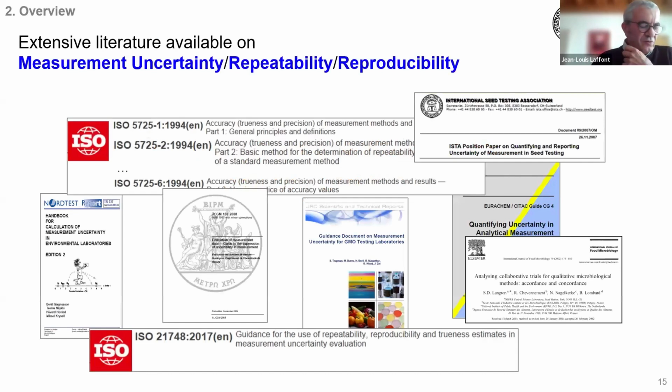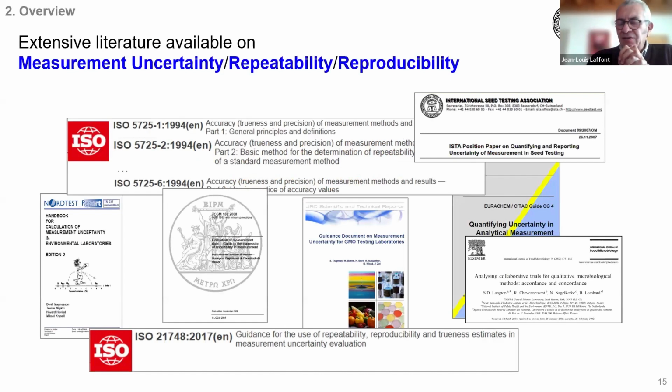Before jumping into the tool, I want to provide you with a refresher on key concepts regarding the analysis of interlaboratory studies, which are about measurement uncertainty, repeatability, and reproducibility.